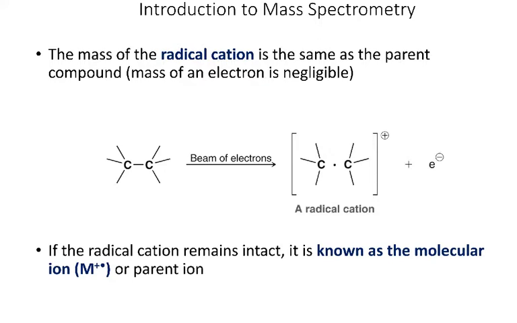And so when the radical cation stays together, when it remains intact, that is known as the molecular ion. And it generally has the same mass as the parent ion.